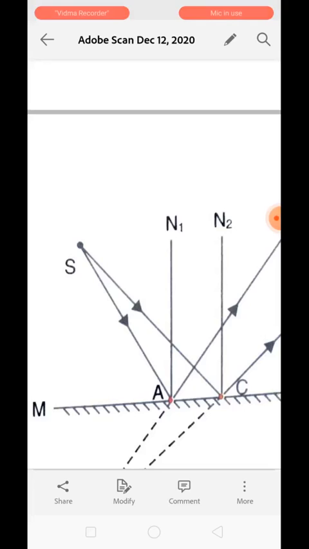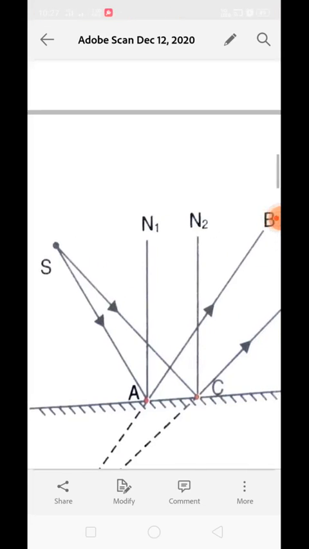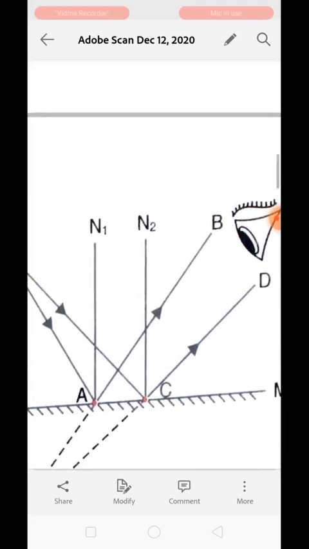Basically, from the source of light, two rays are falling on the mirror, named SA and SC. Both SA and SC are acting as incident rays because they are falling on the surface from the source of light.